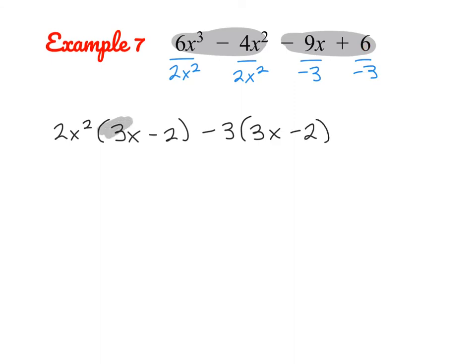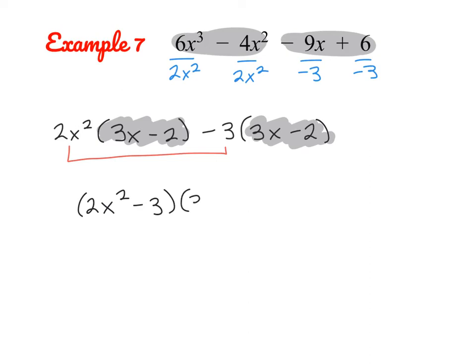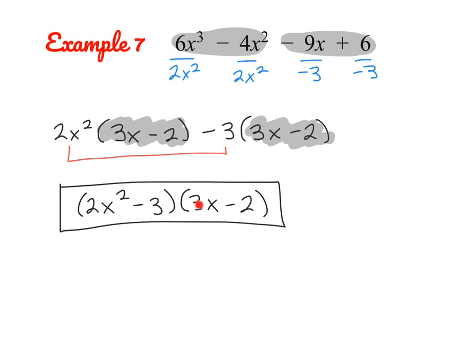Again, we see that same factor twice, 3x minus 2, which tells us the coefficients will become their own factor. 2x squared minus 3 times 3x minus 2. Let's check really quick. This gives us 6x cubed minus 4x squared minus 9x plus 6.